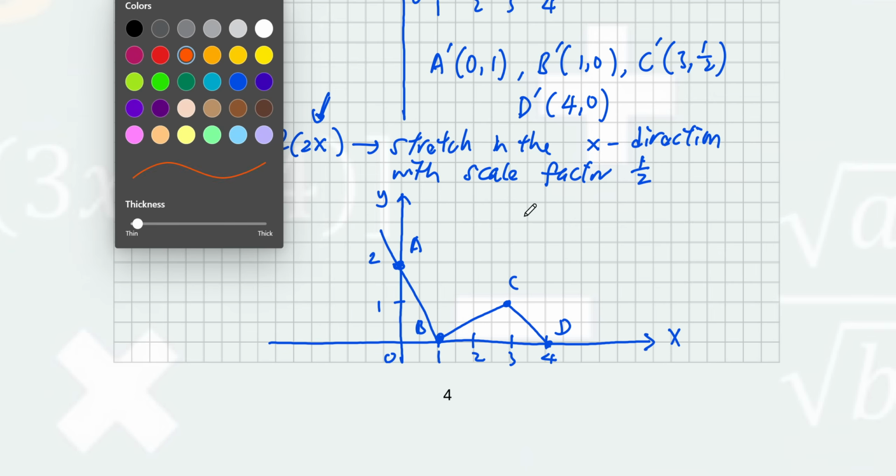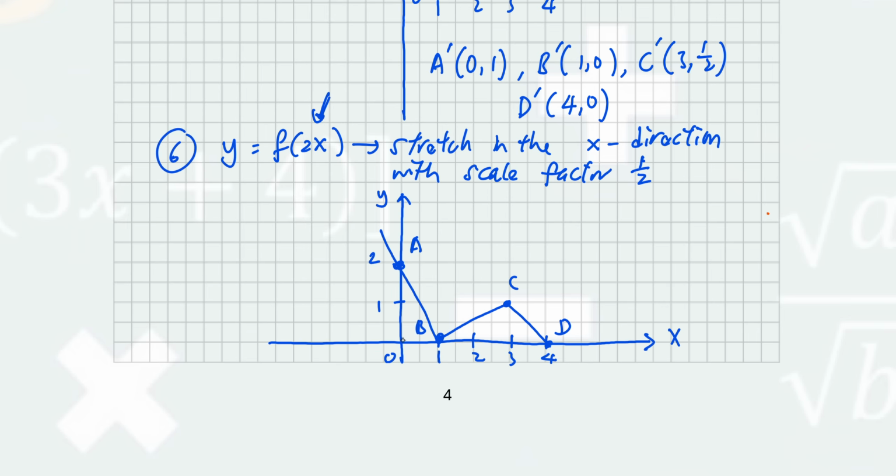So firstly, point A, the x coordinate is 0, so no change, because you times half to 0 is still 0. But for the B, initially 1, so 1 times half becomes half. For the point C, it is at 3 for the x coordinate. So now you times half becomes 1.5. Right, 1.5 is over here. So this is your B prime, C prime.